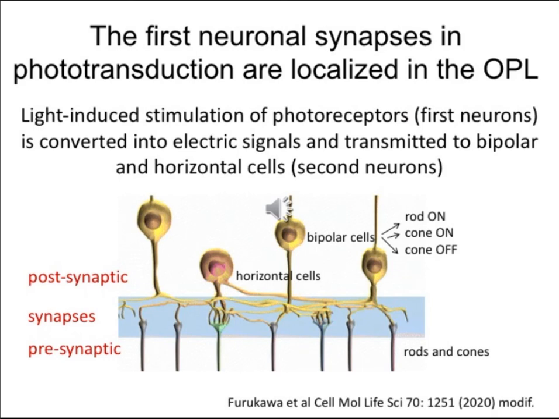The first neuronal synapses in phototransduction convert light-induced stimulation of photoreceptors, the first neurons, into electric signals and transmit them to two cell types, the bipolar and the horizontal cells, the second neurons, in the inner retina.